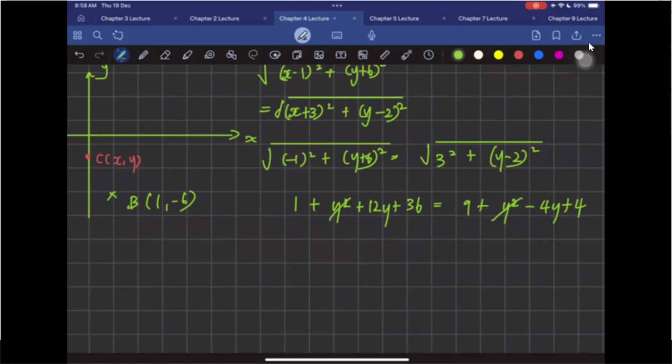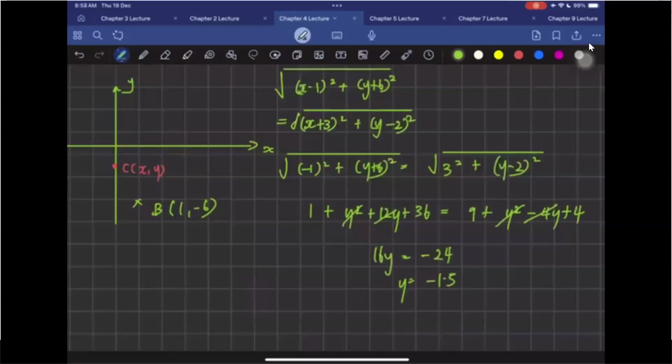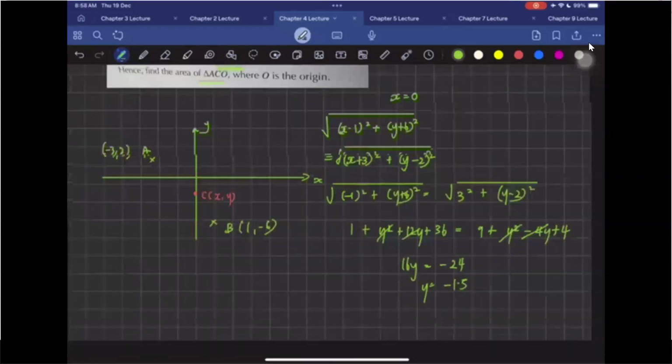And if I bring it over, it gets 16y equals to minus 24. So I get y is equal to minus 1.5. Okay? So yeah, so that's how you get the answer.